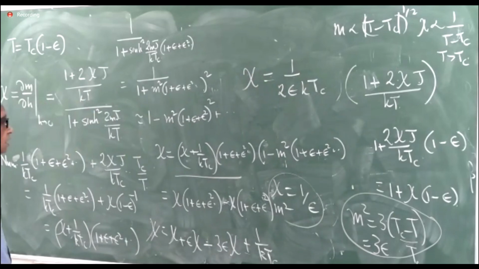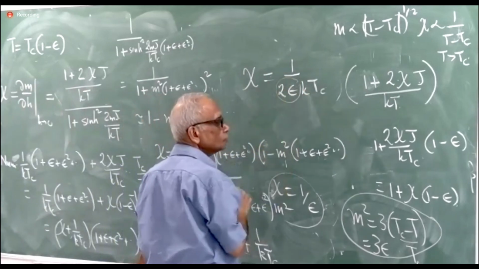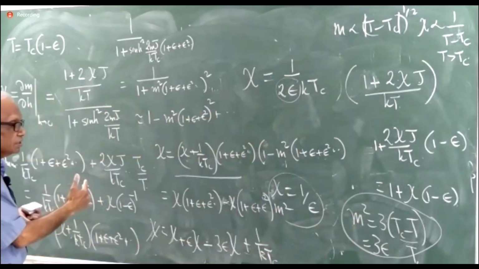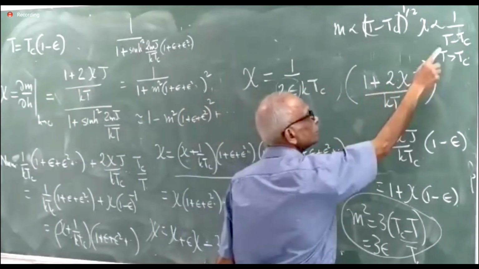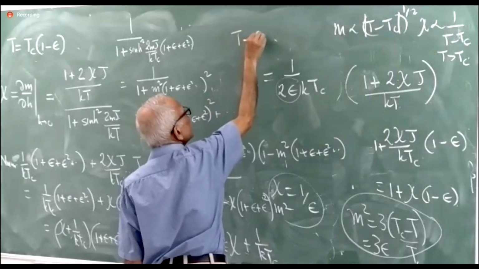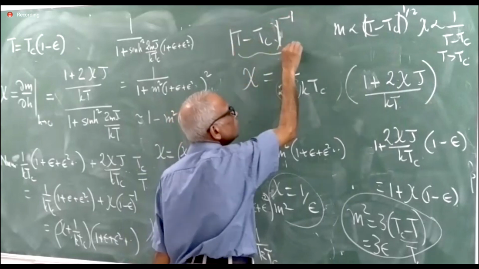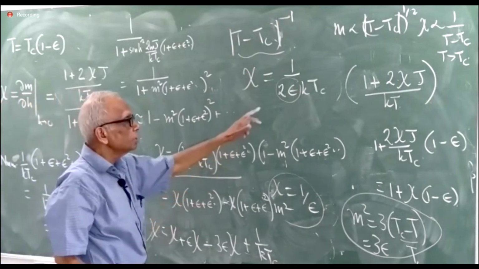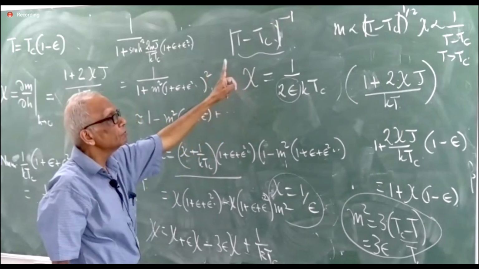So that is the issue over here, that it is 1 over 2 epsilon. It was 1 over epsilon when it was above. The susceptibility diverges like T minus Tc to the power minus 1, both above and below, whether it is above or below, but it is the amplitude which is the important issue over here, that the amplitude above and below are not the same.